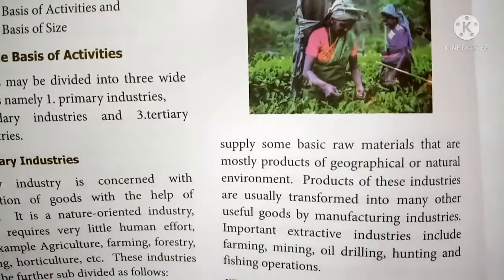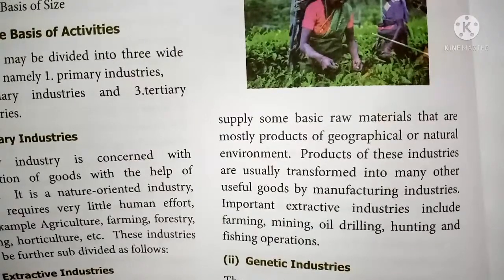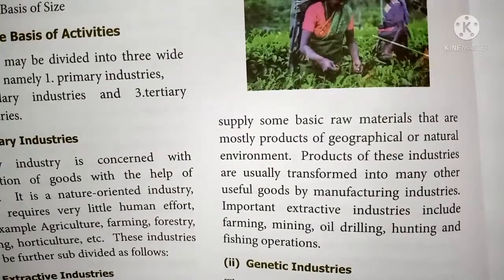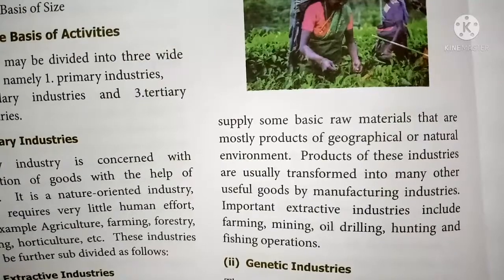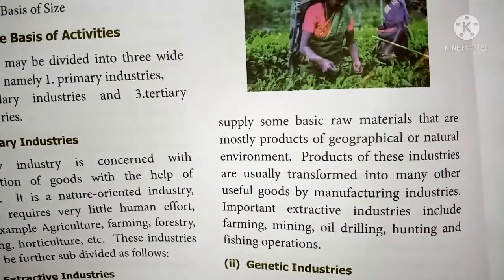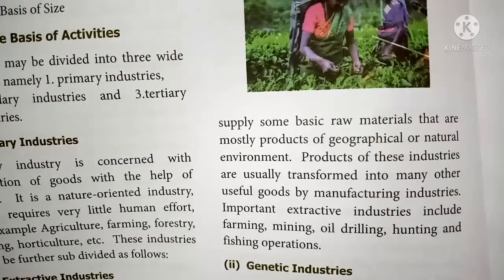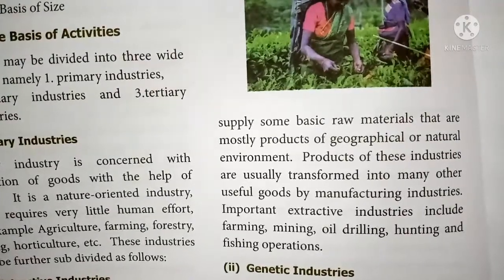Products of these industries are usually transformed into many other useful goods by manufacturing industries. So the products produced through primary industry can be used as input for producing other goods in the manufacturing industry. Important extractive industries include farming, mining, oil drilling, hunting and fishing, etc.